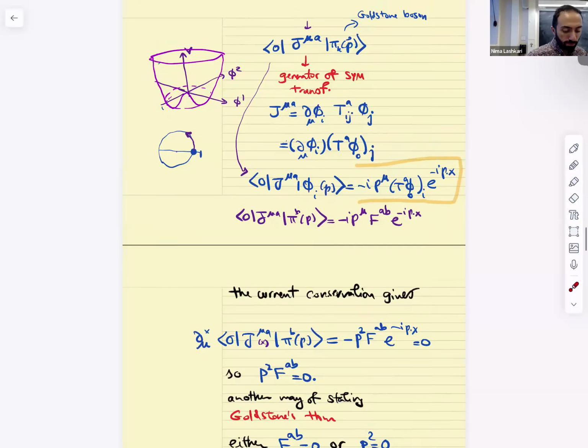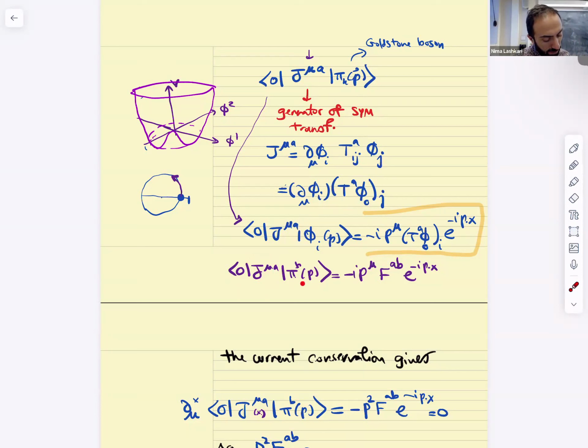Sorry, you're worried about the... If I write pi KP as a-dagger after the vacuum, and then I take the derivative of that matrix element. First of all, at this level, your creation operators are going to be labeled by P, right? You can Fourier transform it. Then when I take a derivative of X, will it pick up a delta term, a contact term? There won't be a contact term here.